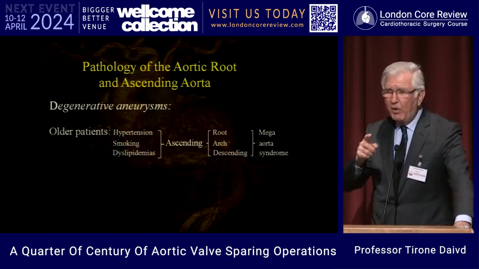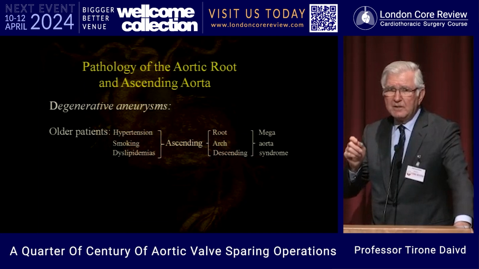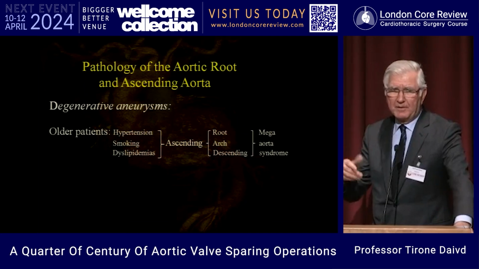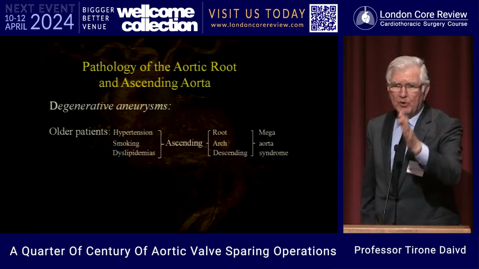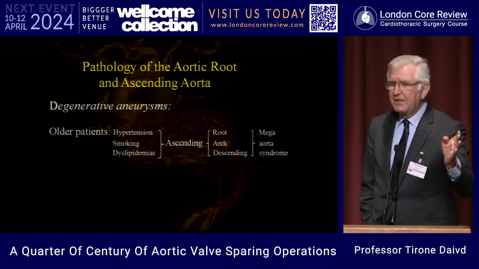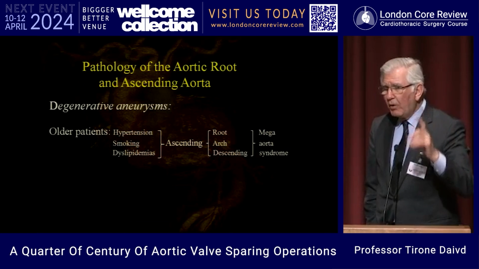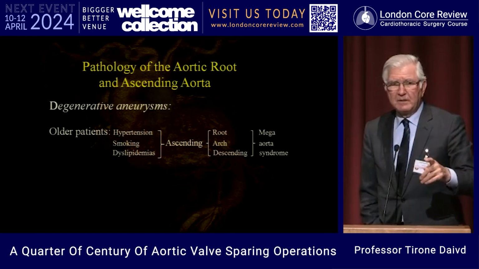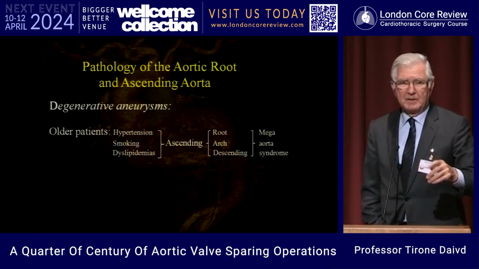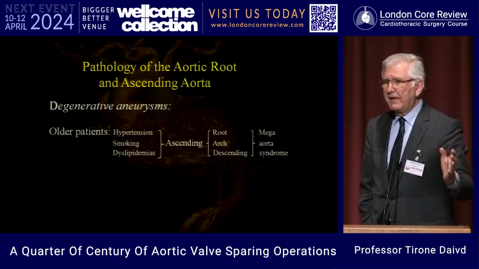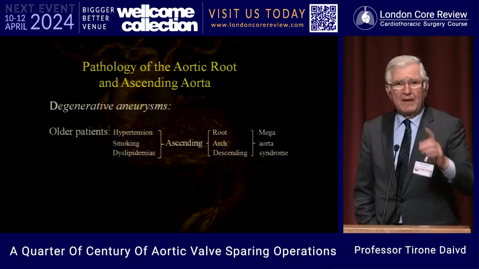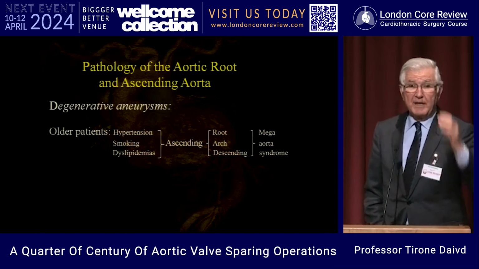I can tell how old you are if I put you on a treadmill or on an echo and look at what happens to your aorta when cardiac output goes from 5 liters to 15 liters. You are only as old as your arteries, unless God forbid somebody shoots you, stabs you, or you have a car accident. Otherwise, you're going to die only as a function of the age of your arteries.